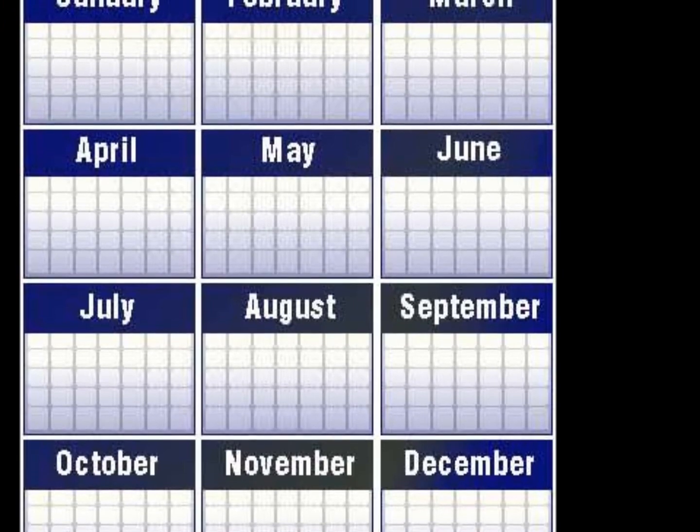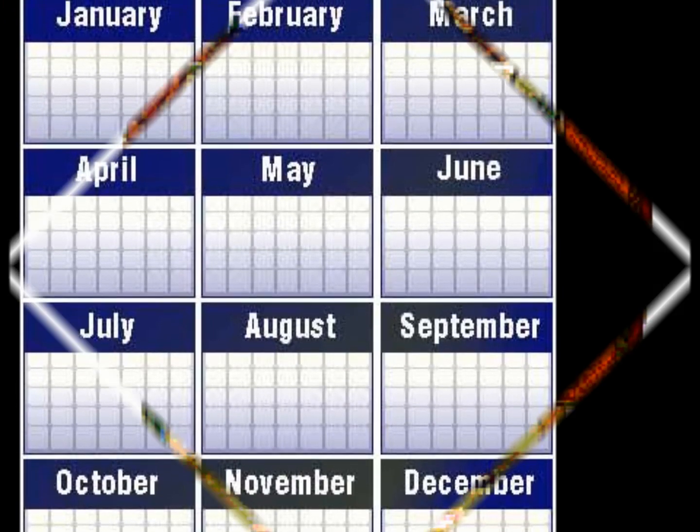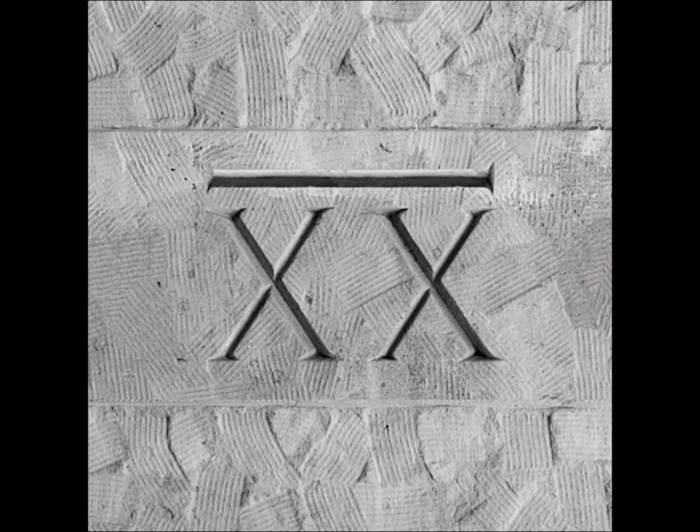The idea of decimal numbering comes to us from the ancient civilizations, and we still use the numbering based on tens from the Romans. The Roman numeral for 10 is X, and 20 is XX, or 2 times 10.